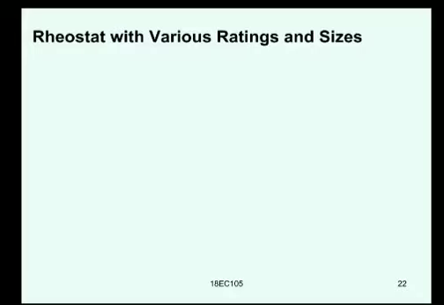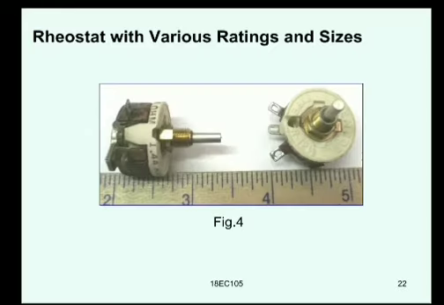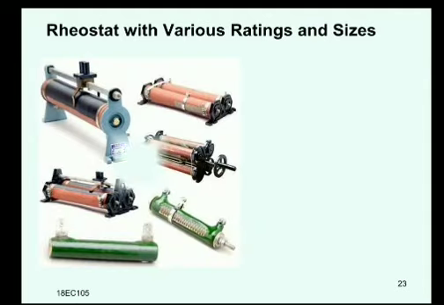Let us see a few more rheostats with various ratings. This is around 1 inch, and again with some other size. So these are the different models and power ratings. Here you can see the blue one, a normal standard one.